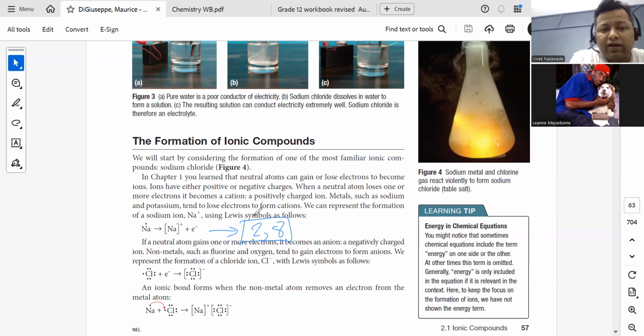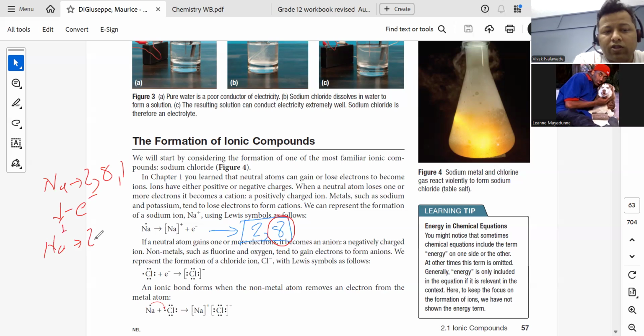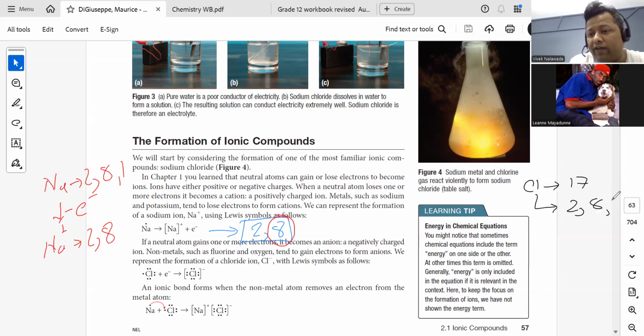because the outermost shell now has 8 electrons. Sodium has an electronic configuration of 2,8,1. When it loses one electron, it forms a cation with electronic configuration 2,8. In the case of chlorine, atomic number 17, the electronic configuration is 2,8,7.